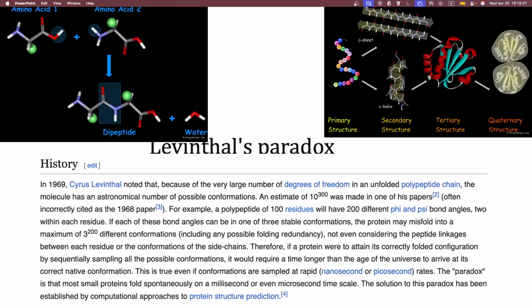Oh yes, and theoretically, if you have 100 residues, residue basically means what's left in the protein. So basically, for this whole protein, we have an estimate of 10 to the power of 300 degrees of freedom in this unfolded peptide chain.